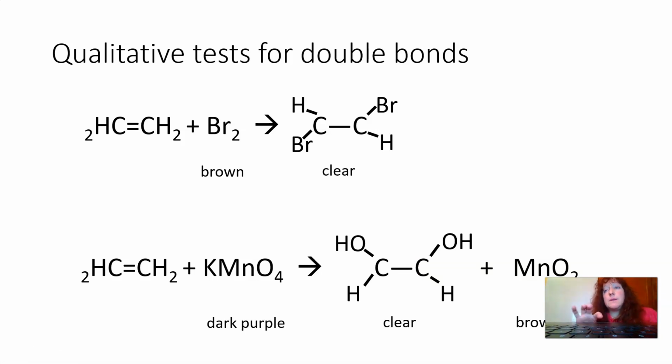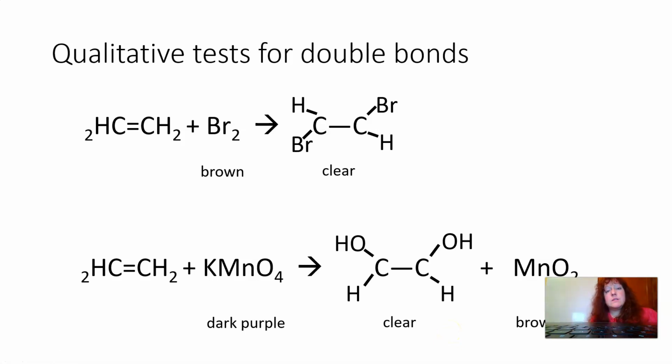There's going to be a side product of manganese dioxide. It's kind of a brownish color. So, what you would see in practice is that your reacted double bond will be a clear substance that is lying on top of a really gummy looking brown precipitate. That would be a positive reaction for the presence of a double bond.